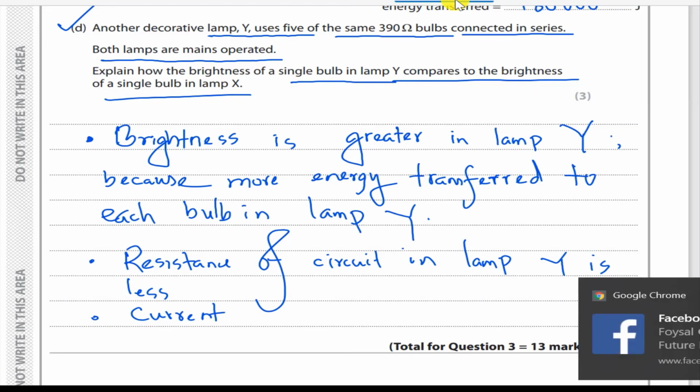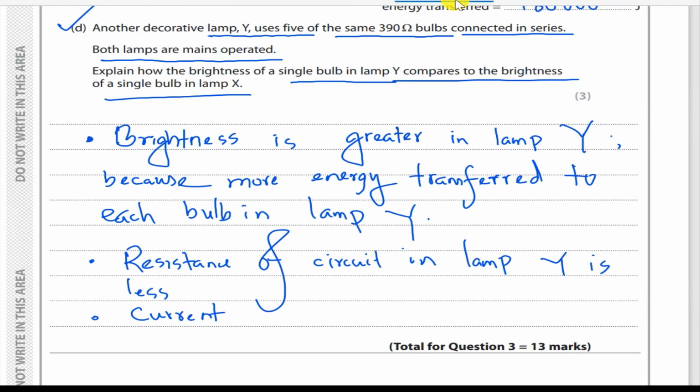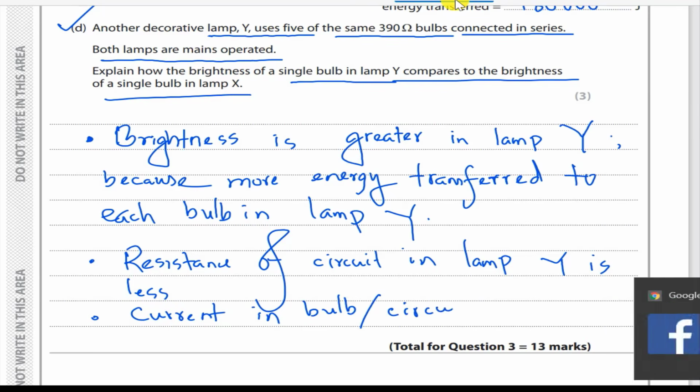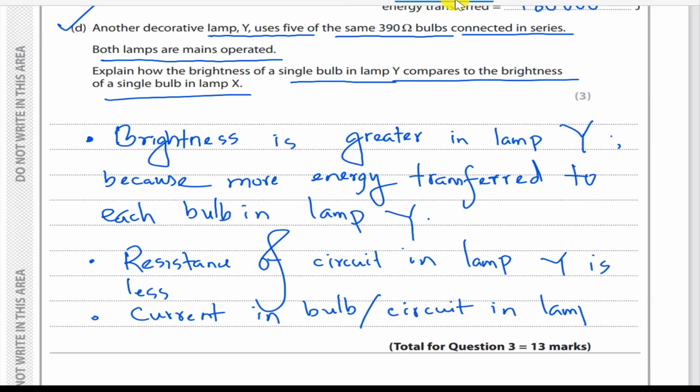Current in bulb or circuit in lamp Y is greater.